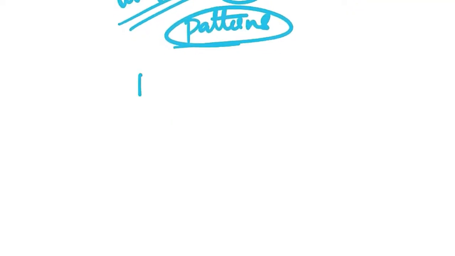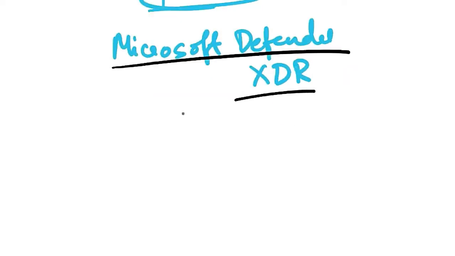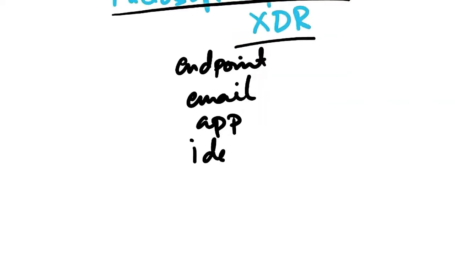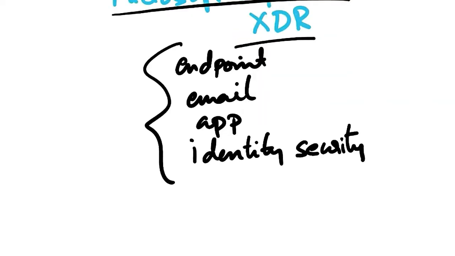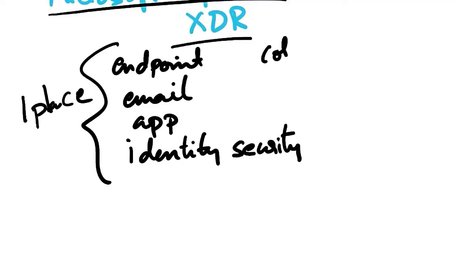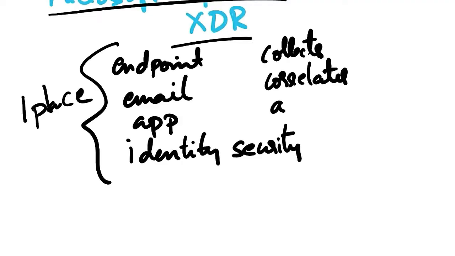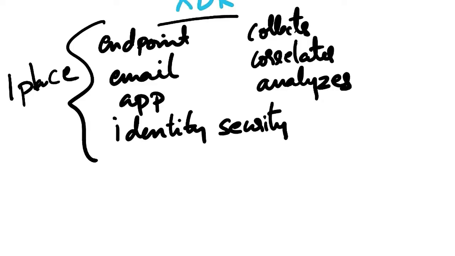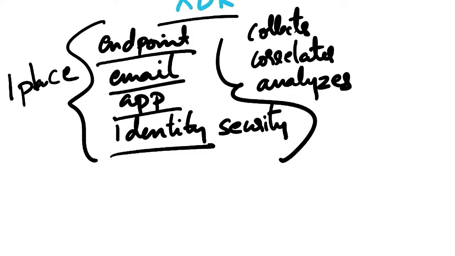Now, what is Microsoft Defender XDR? This unifies endpoint, email, app, and identity security in one place. The XDR solution automatically collects, correlates, and analyzes data, signals, threats, and alerts from all across your Microsoft 365 environment, including endpoint, email, apps, and identities.